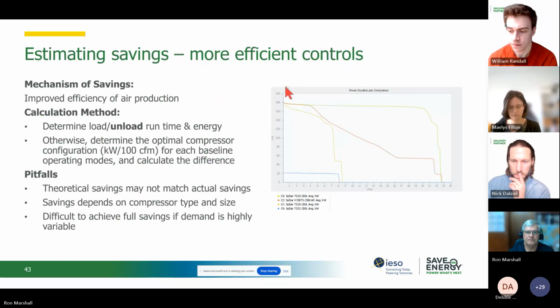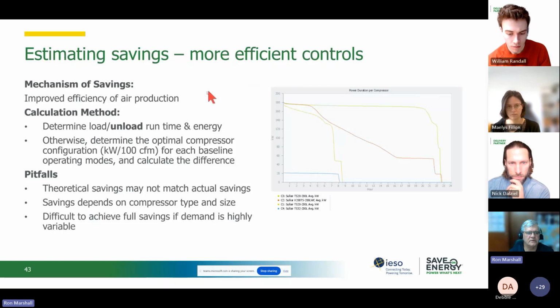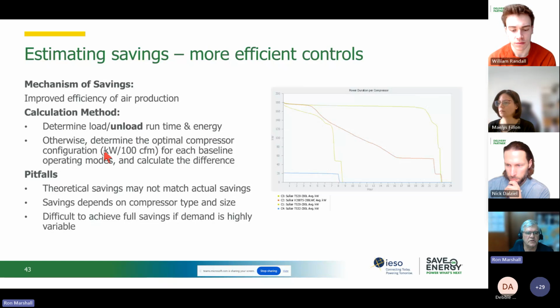Now we might put in, say, a central controller or something to better control our compressors, right? That's another way to save on a compressed air system. Mechanism of saving: improve the efficiency of the air production. Calculation method: determine load unload runtime, we could use the status method, or calculate optimal compressor configuration, kilowatts per 100 CFM for each baseline.